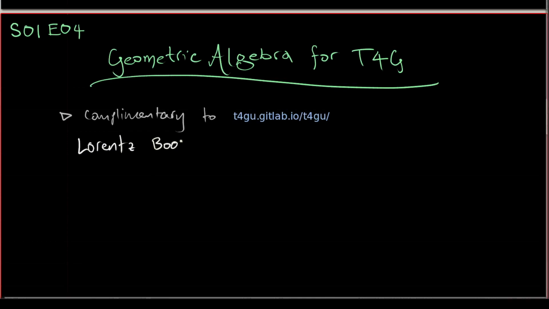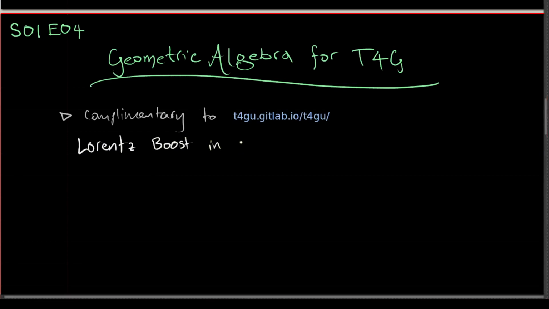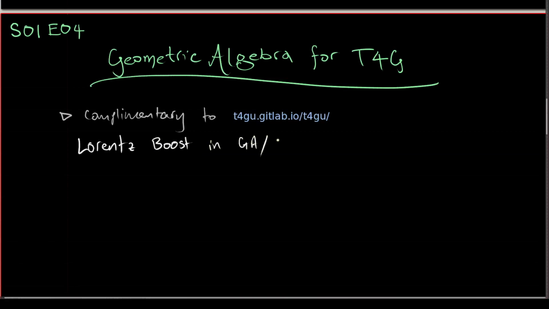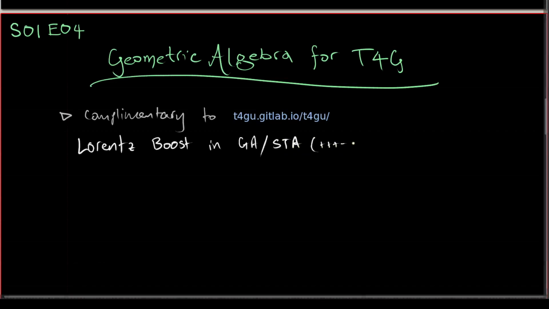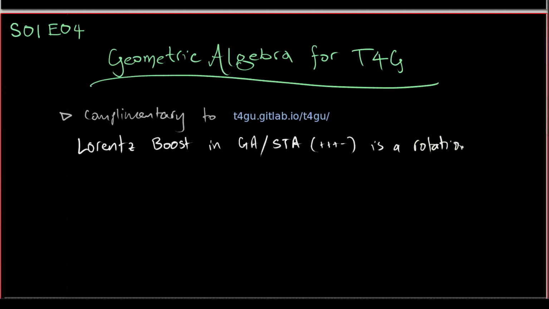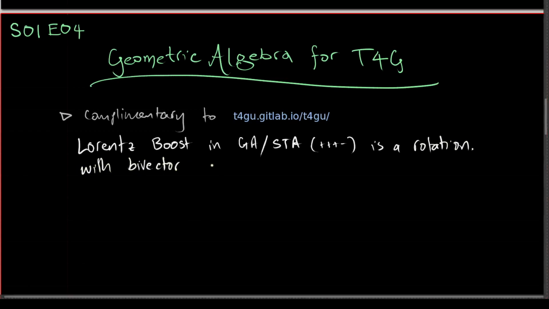A Lorentz boost in geometric algebra, or what we're calling the space-time algebra, is just a rotation with a bivector parameter. One of the space base vectors and a time-like 4 vector. That's the bivector for the rotations.